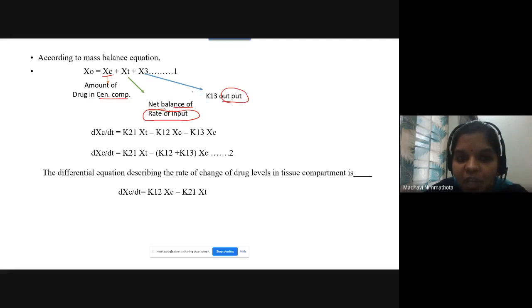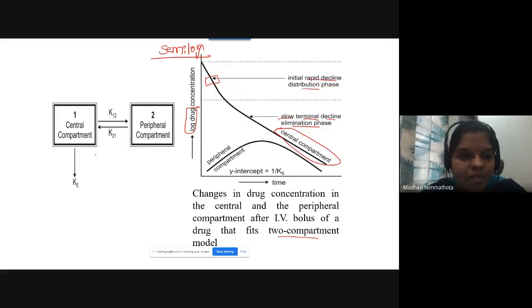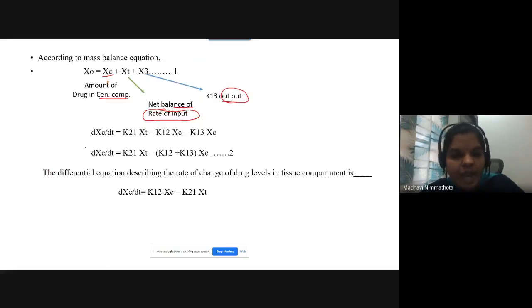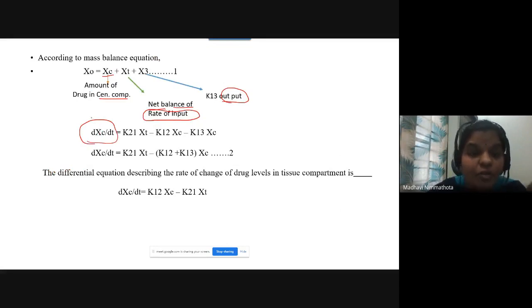So where are we getting output? From here, that is nothing but the central compartment. We are getting output here. That is nothing but elimination. That's why here the constant is K13. Right? And then see, you always calculate the rate of change of the amount.